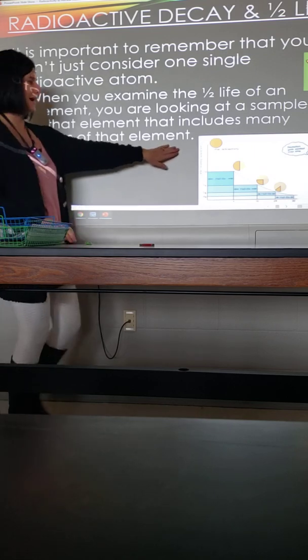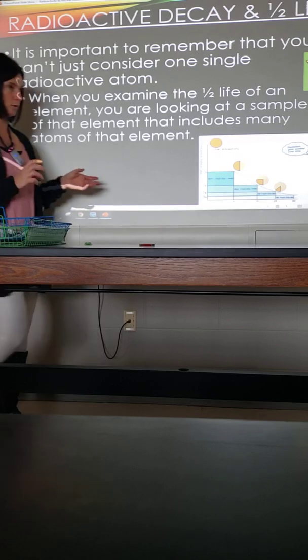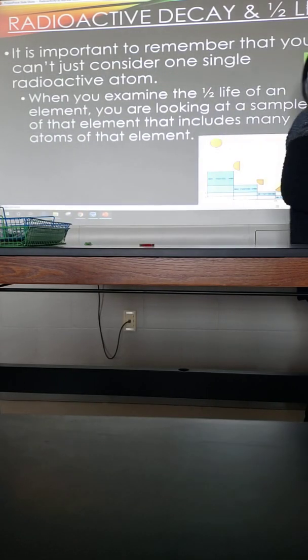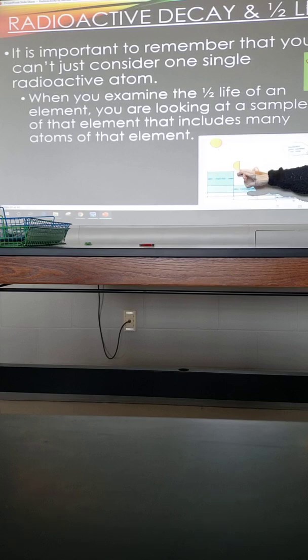So if you look at this graph, and I'll step back for a second to make sure you can get the writing in, and we'll look at it. So typically this is going to be like looking at a sample. Okay, so here's our initial sample of radioactive material. And then the amount of time it takes for half of that sample to decay is our first half-life.